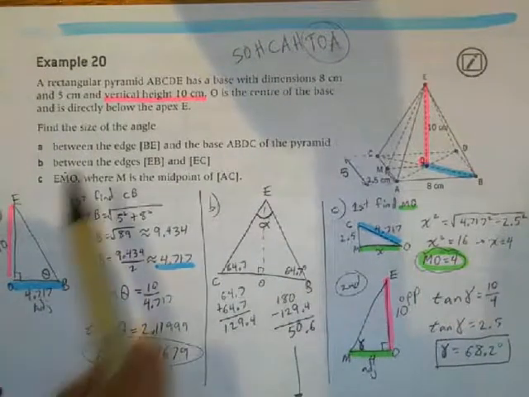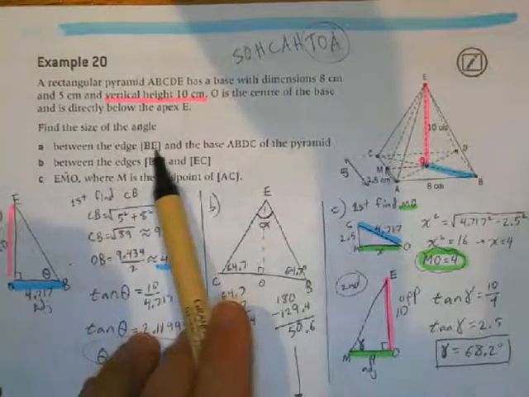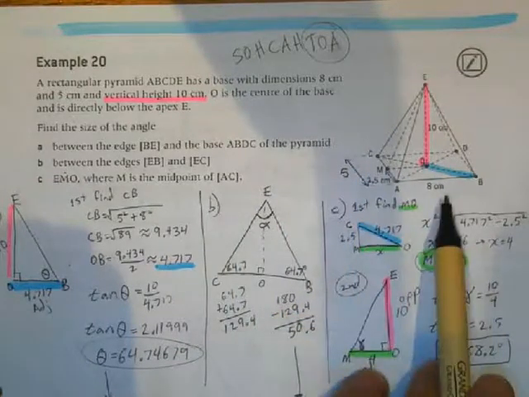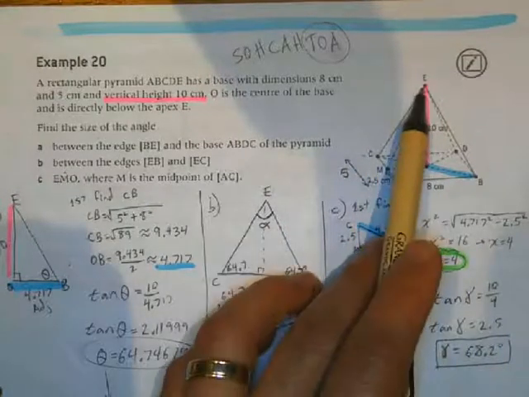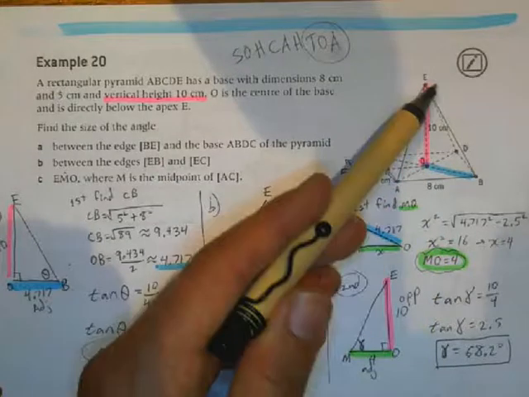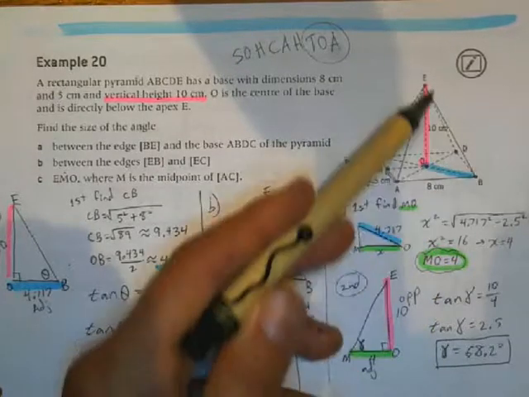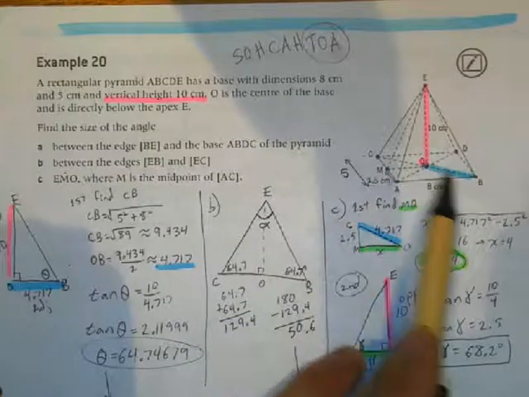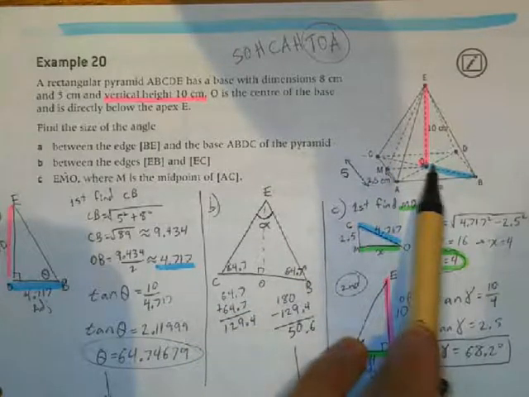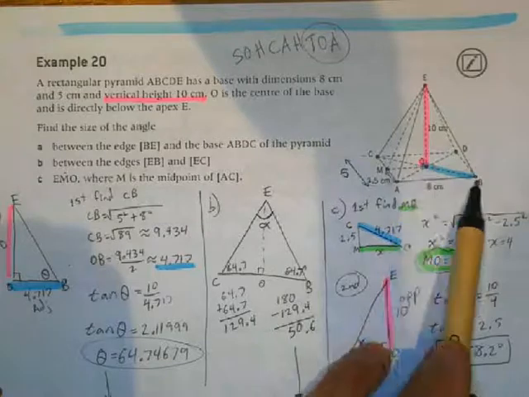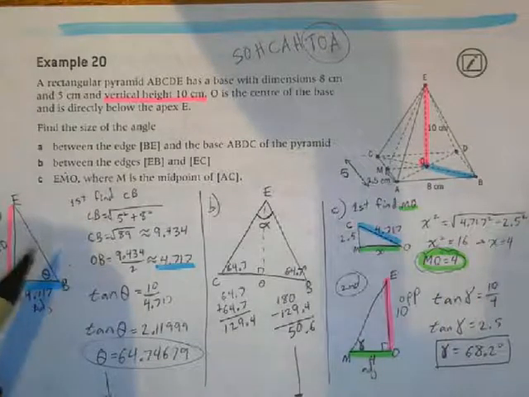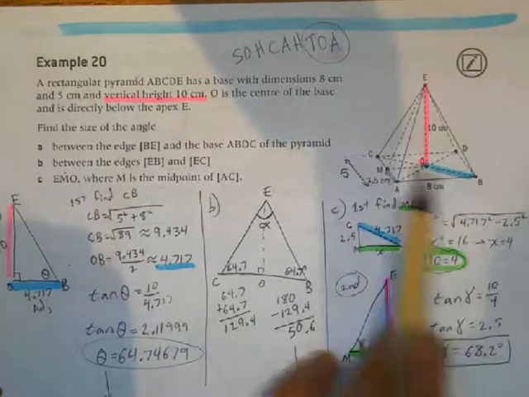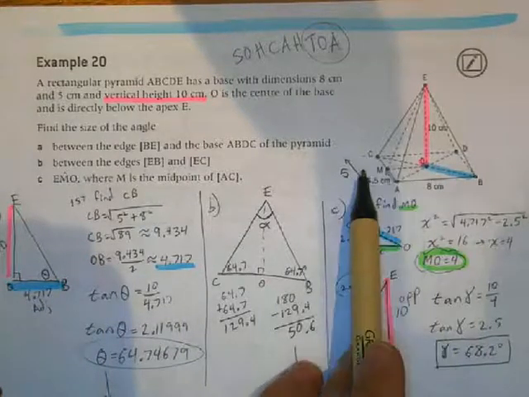So that between the edge BE and the base of the pyramid. So the edge BE, okay, so that's this edge right here, and this angle here. So I know the height is 10, and I need this length here, from O to B. So the first thing I did was I said, okay, so we could figure out C to B using Pythagorean Theorem.